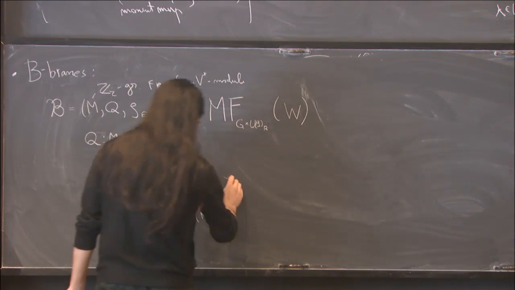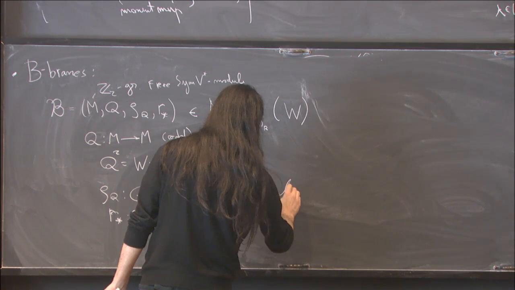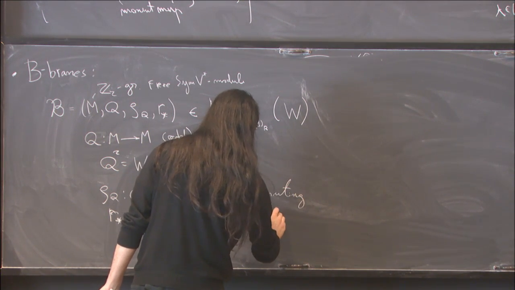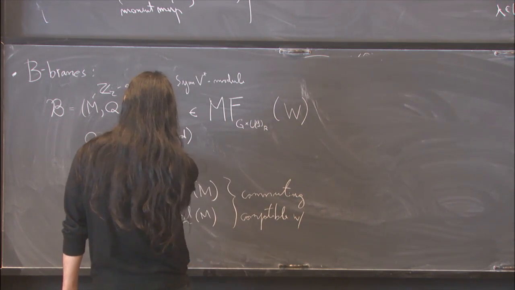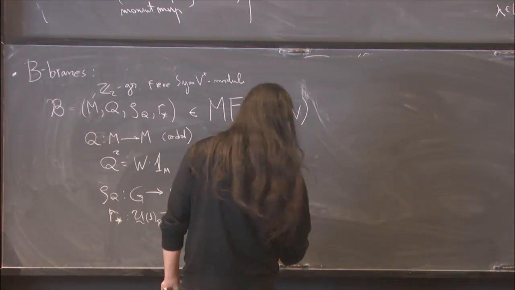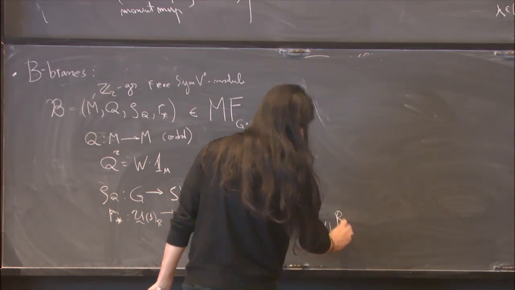And again, these two must be commuting and compatible with the previously defined one, because this Q depends on the coordinates on B. So this should be compatible with rho V and R, big R, that I put there.